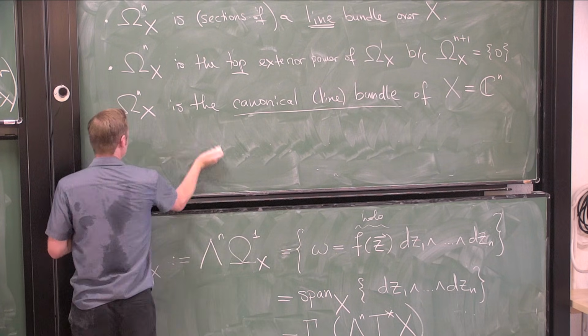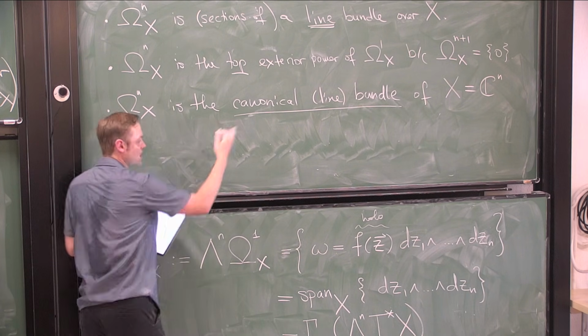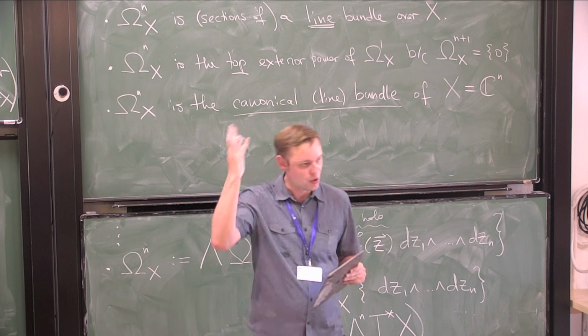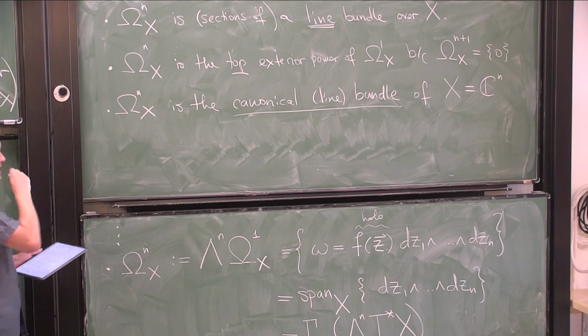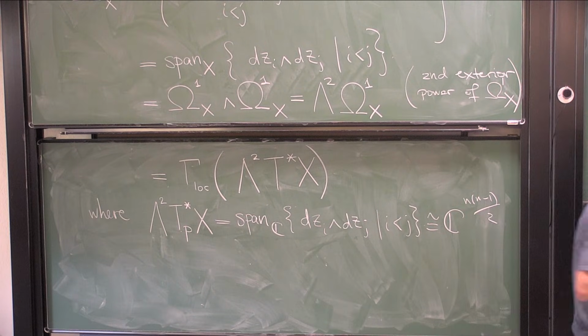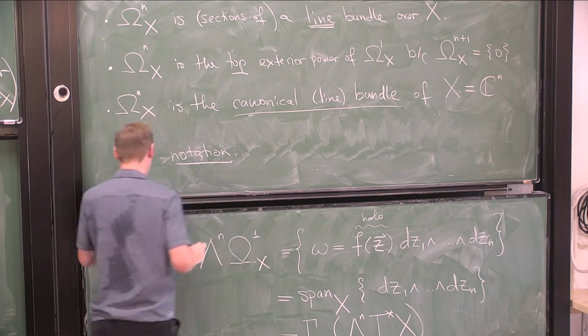And by the way, maybe another thing I should mention, because it's such an important object and it appears in so many different contexts, it does have an enormous number of distinct notations. It's worth being aware of the notation.